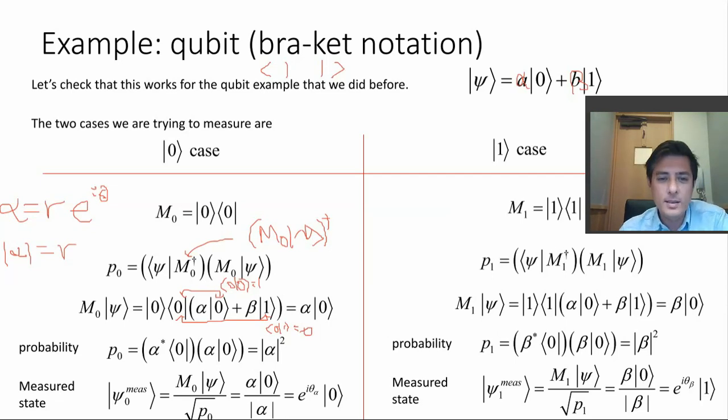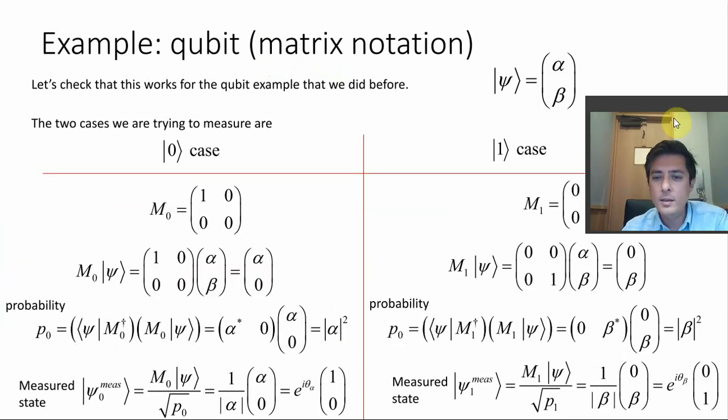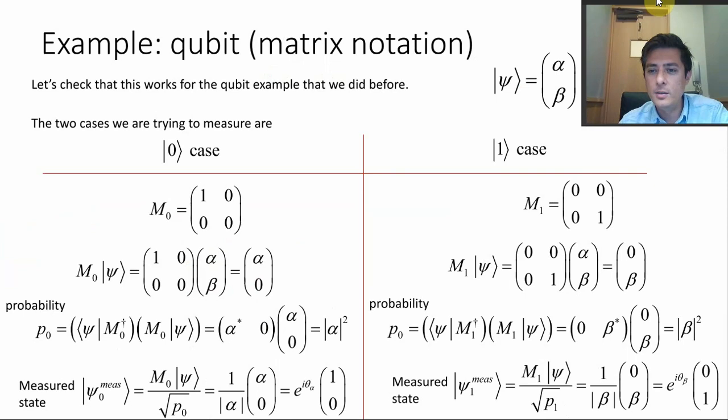Okay, so that's one way to work this stuff out. Another way is to use the matrix notation. So I can just go through this example again. If you go back to the lectures on linear algebra, remember this outer product of 0 with 0 is actually this matrix here, 1, 0, 0, 1. So we can do this whole thing with matrices as well.